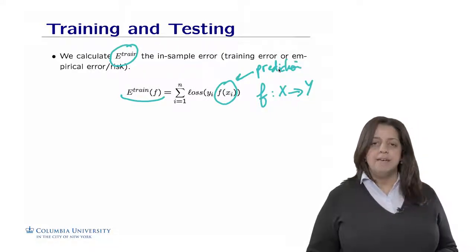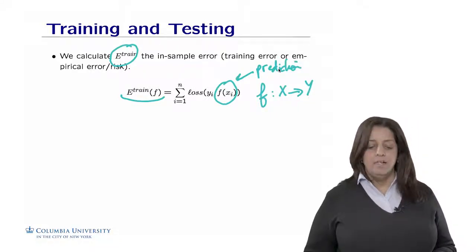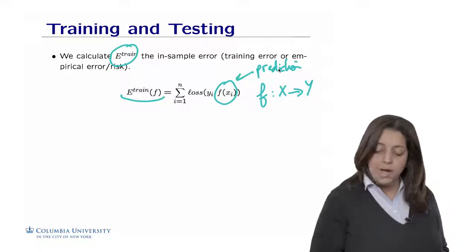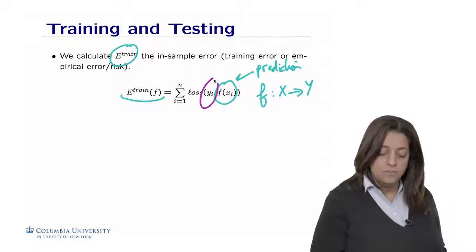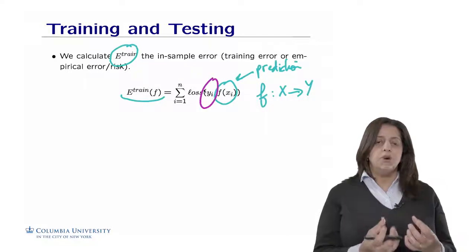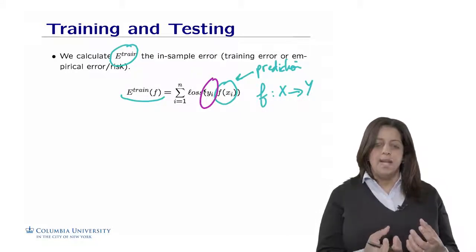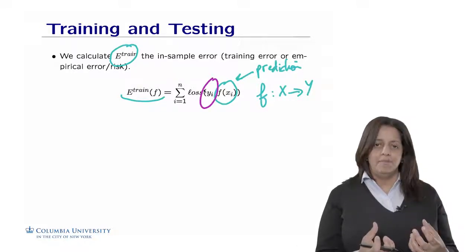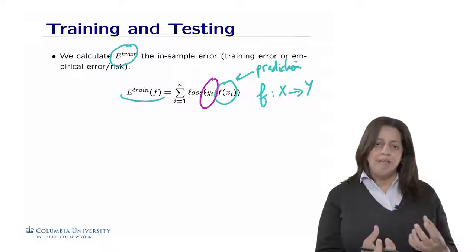But for training data, it happens that I also have the true label available, and this is Y, right? So if I take these two quantities, for each training example, I compare what the true label is to what the model is telling me. So I compare Y to the model F applied on the feature values X.